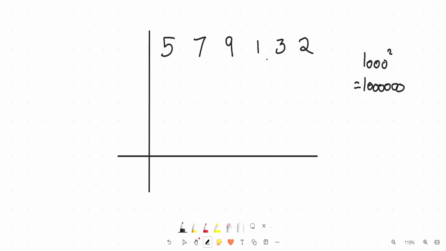So this one square root is still a 3-digit number, which means we have to separate only the last 2 digits. We start the grouping. So from the left 2, again 2, and so our first group has 57. And only for the first step we take this as a group.